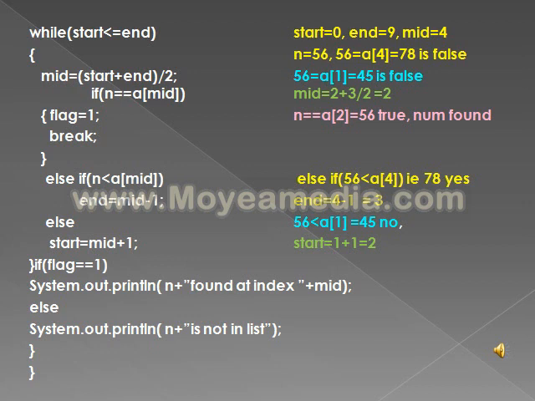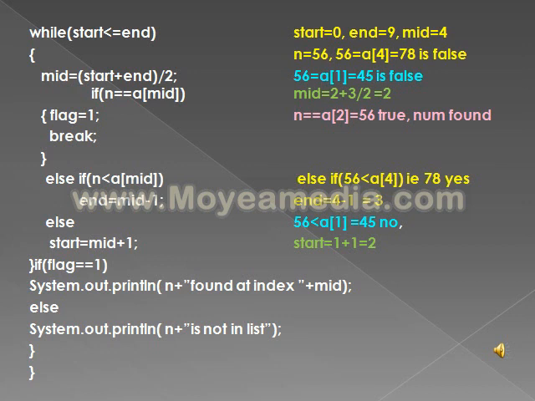And you have an if condition, that is n is equal to a of mid. Here the number to be found is 56. So 56 is equal to a of 4, which is 78. So both are not equal. So again we are getting to the else if statement.